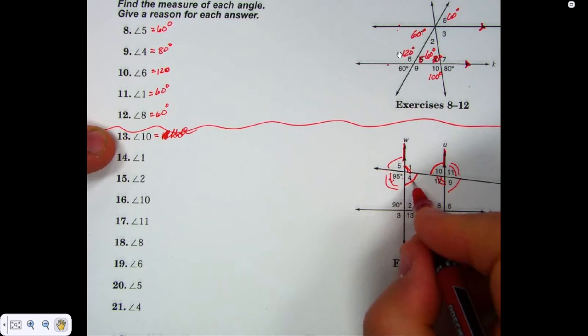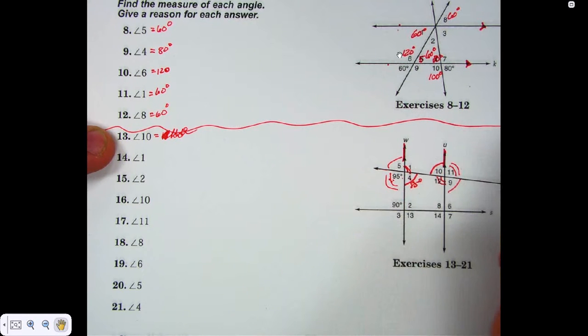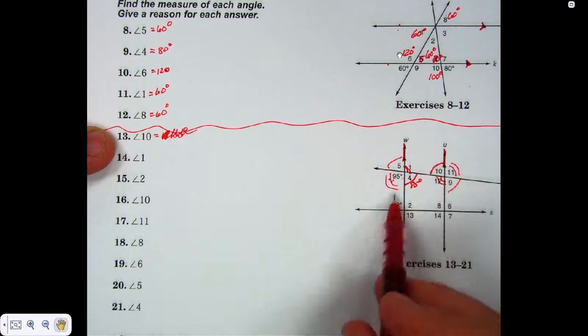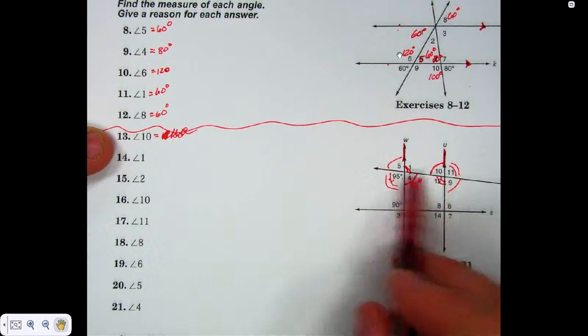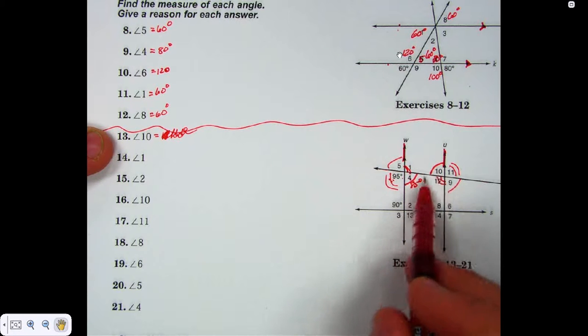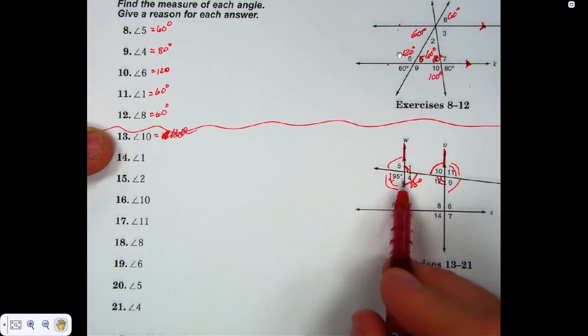This one's 95. What's this one? 85. How'd you get that? I subtracted 95 from 180, right? Now here's the one that gets to some people. We didn't directly know an alternate interior angle or a corresponding angle, but we could find one of those by other information given, couldn't we?